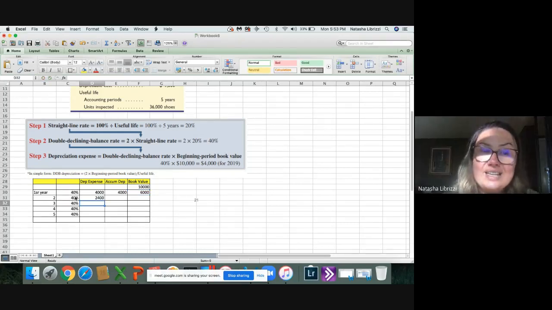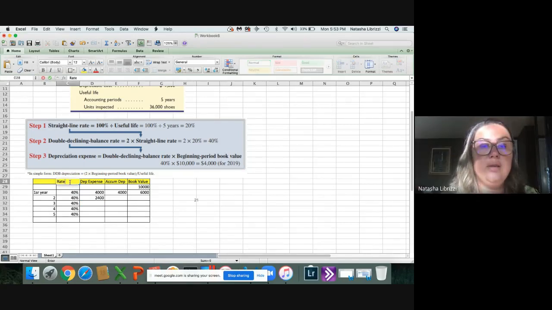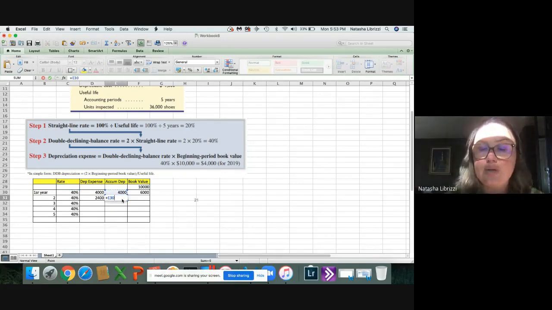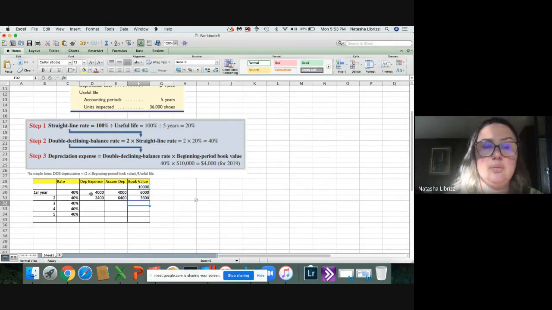So my second year depreciation is only 2,400. So we take a book value at the beginning of a year times this rate. Now, what is my cumulative depreciation? Last year depreciation plus this year depreciation. This makes my book value, original cost, minus current accumulative depreciation.